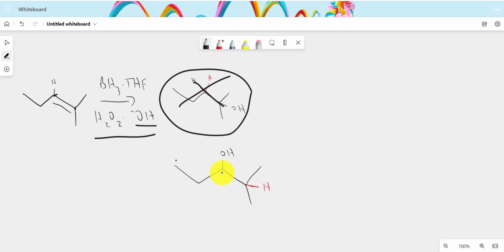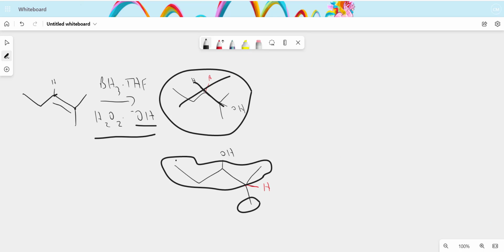Either way, the hydroxyl group, which is highest priority, is in the 3 position. So I have to start from this side because I want the least number on any substituent. I still have this methyl group hanging off here, and I still need to name this.